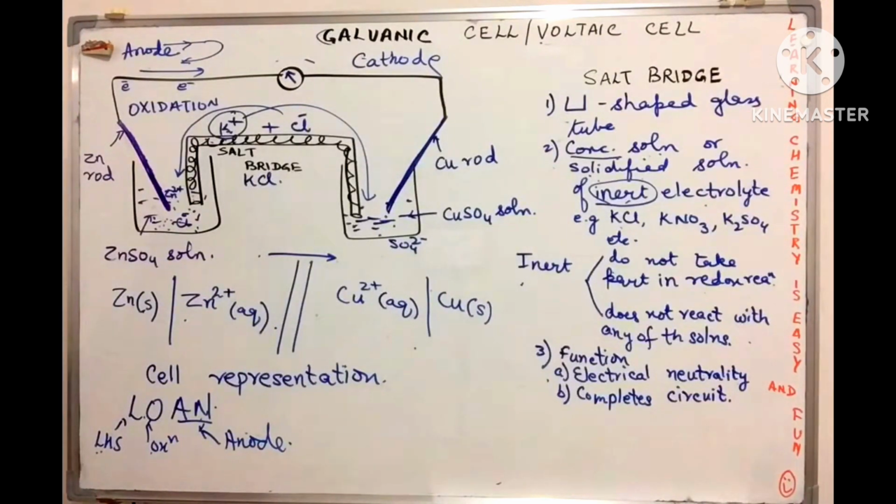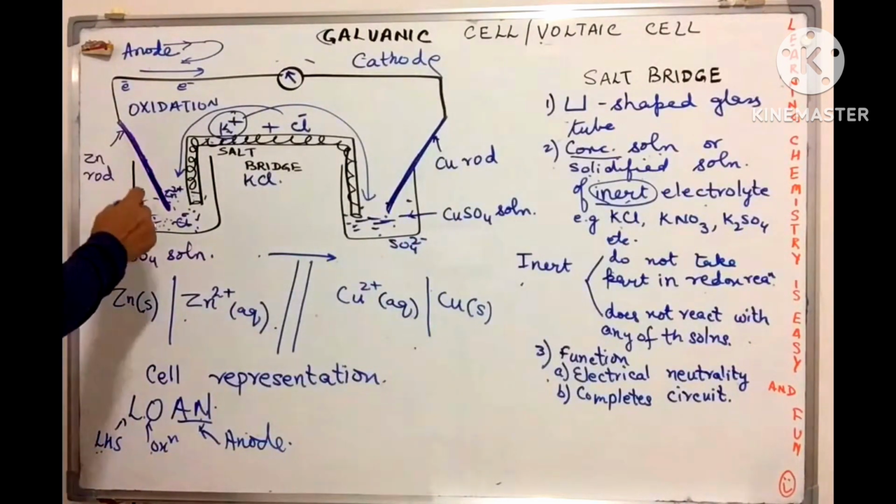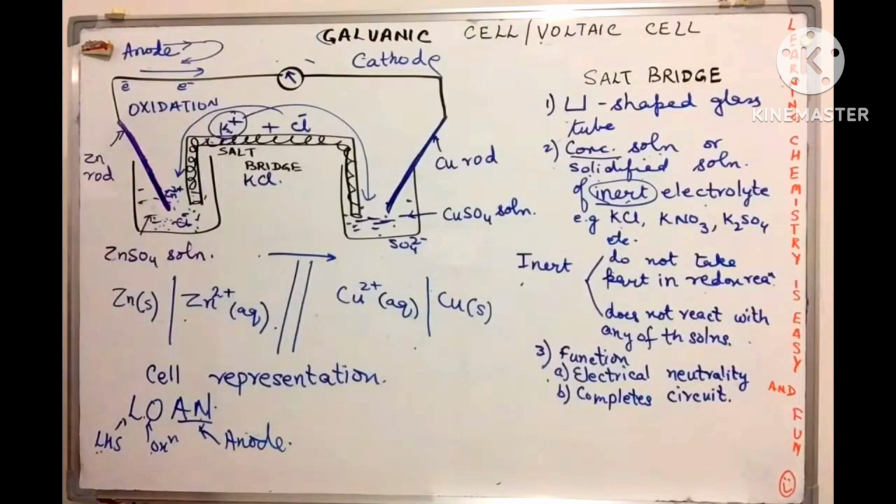One more point to be added over here. Now here I have simply written aqueous solution. As you advance in your study, you will realize that the concentrations of the solutions that we are taking in these beakers also makes a difference to the potential or the amount of potential that you are obtaining in a galvanic cell.